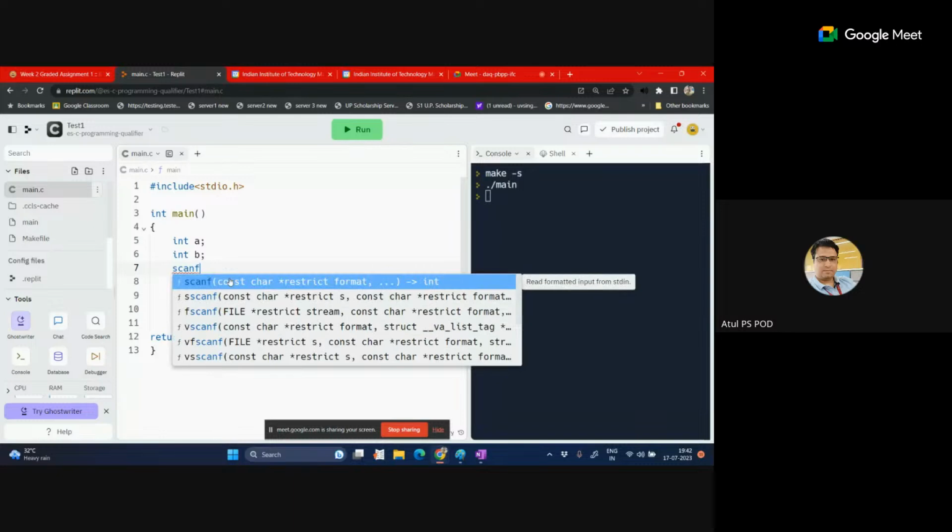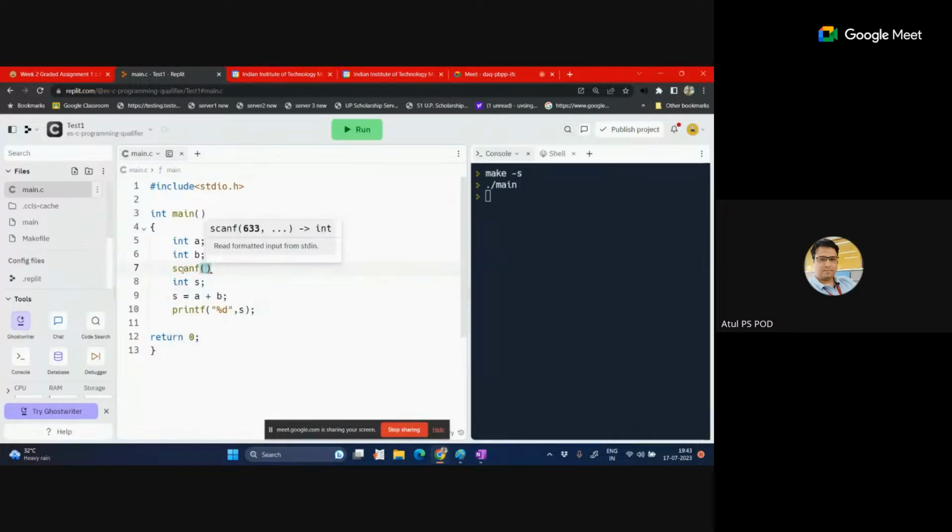Scanf is what we use for taking input. Like printf, this is scanf. It reads the input from the console. And for scanf, we write in the same way: we tell the computer what type of input we are taking. So %d, we are taking a %d, and after that we write the variable name.